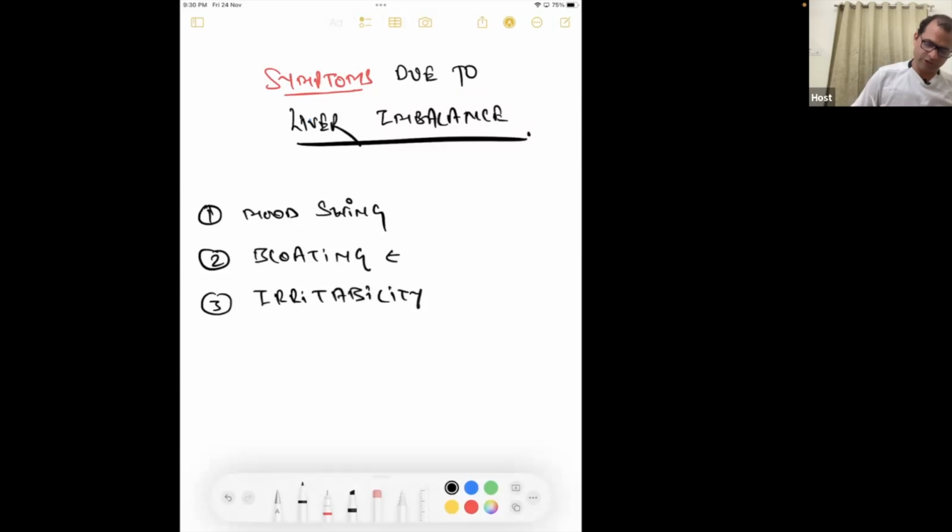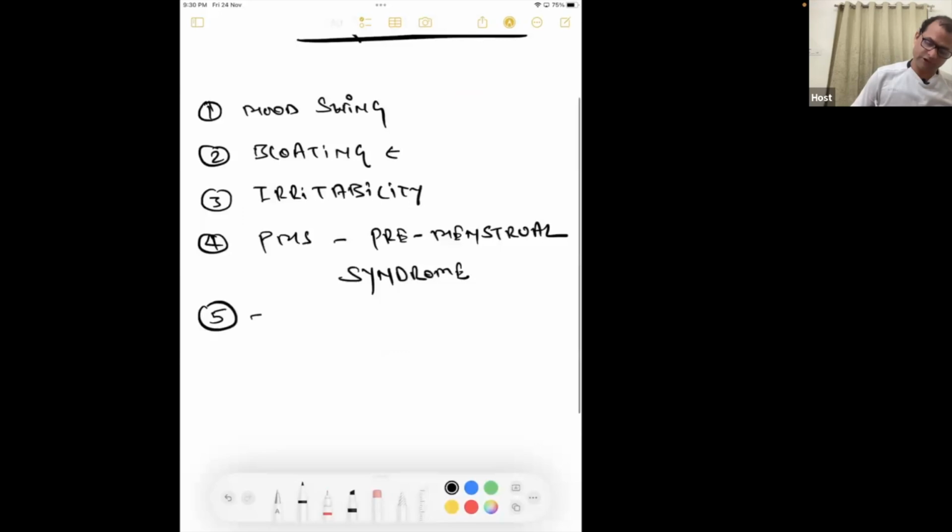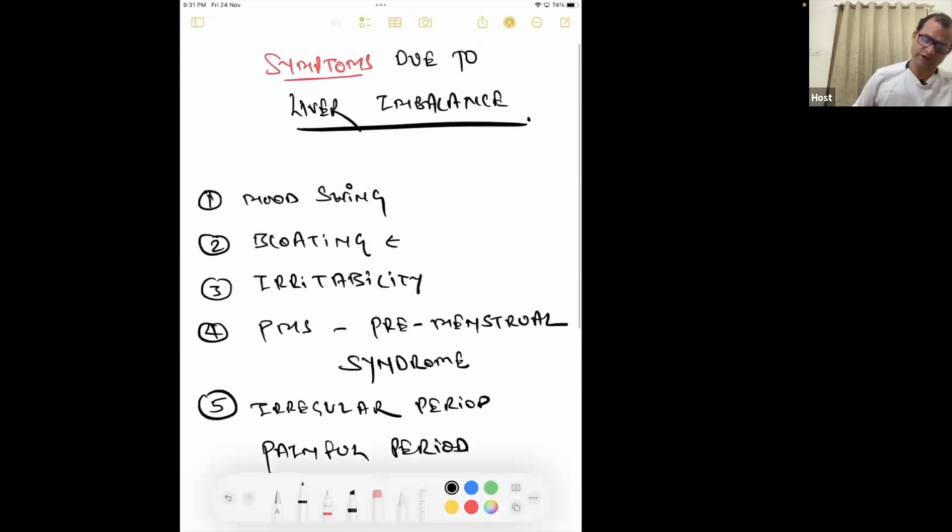Number four, PMS, premenstrual syndrome. Number five, irregular period or painful period. So these are the signs, right?